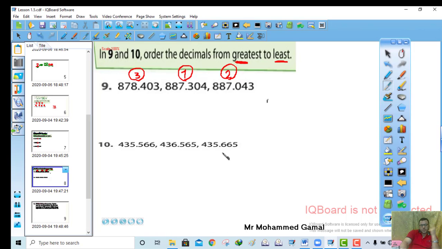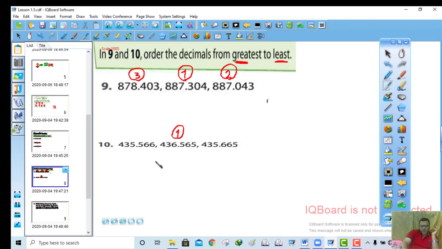Okay, question number 10, we have 3 numbers: 435, 436, 435. So there are 2 435 and 1 436. With no doubt 436 is the biggest. Because it's the greatest, I will make it number 1. Now the comparison between these two, 435 and 665 thousandths, and 435 and 566, from the thousandths family.